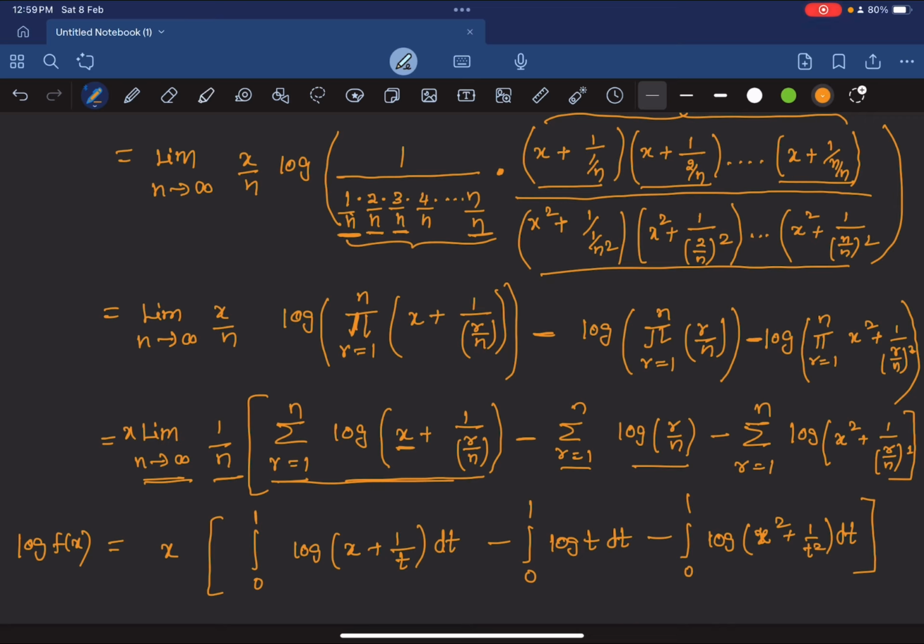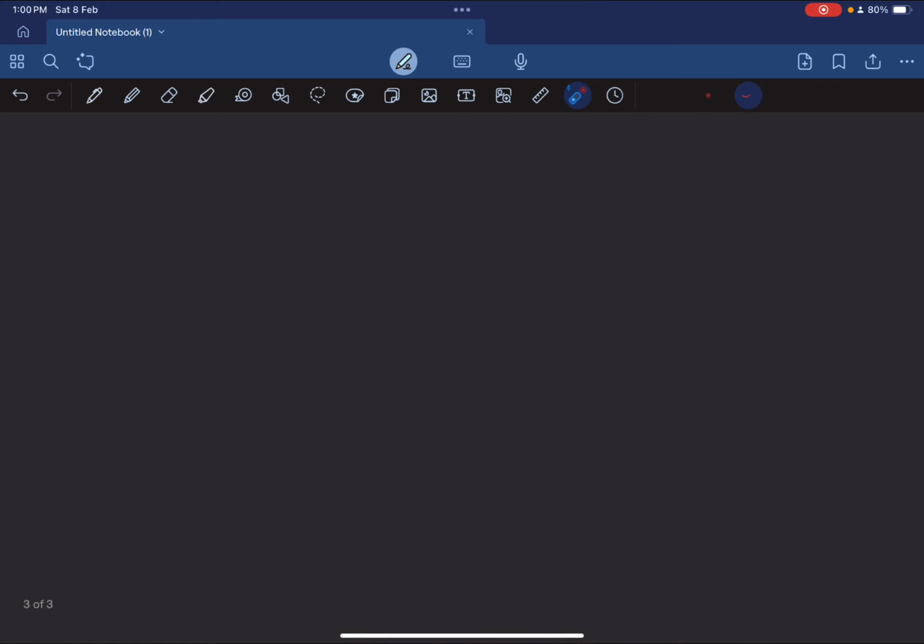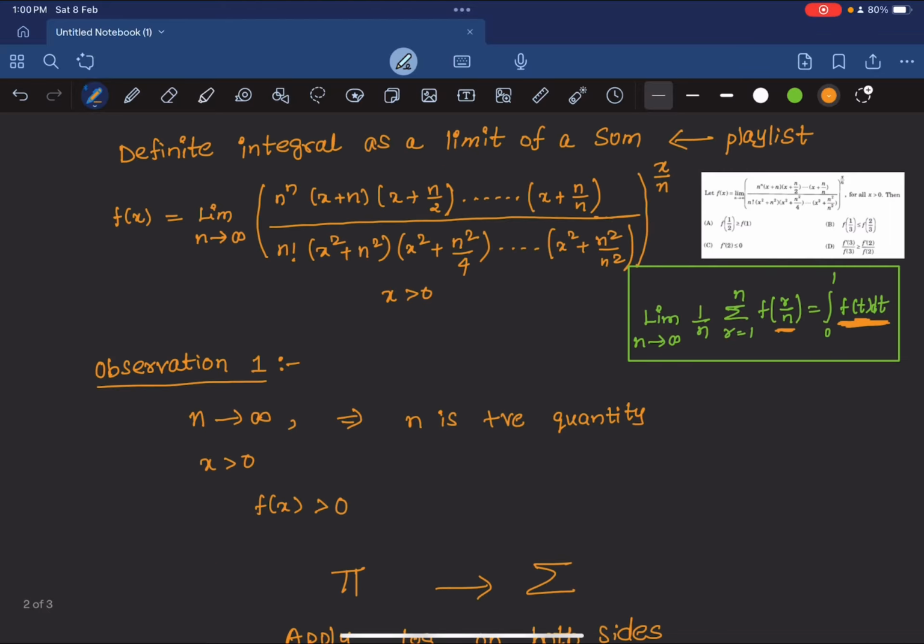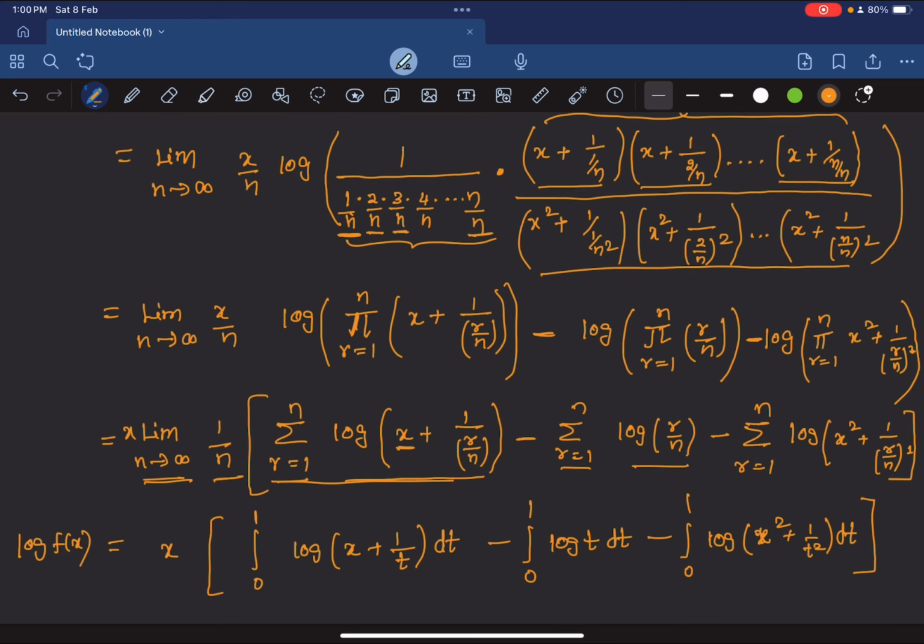Now since the limits in all the integrals are same, we can club all three integrals into a single integral. So log of f of x equals integral 0 to 1, first log of x plus 1 by t, minus log t, minus log of x square plus 1 by t square.